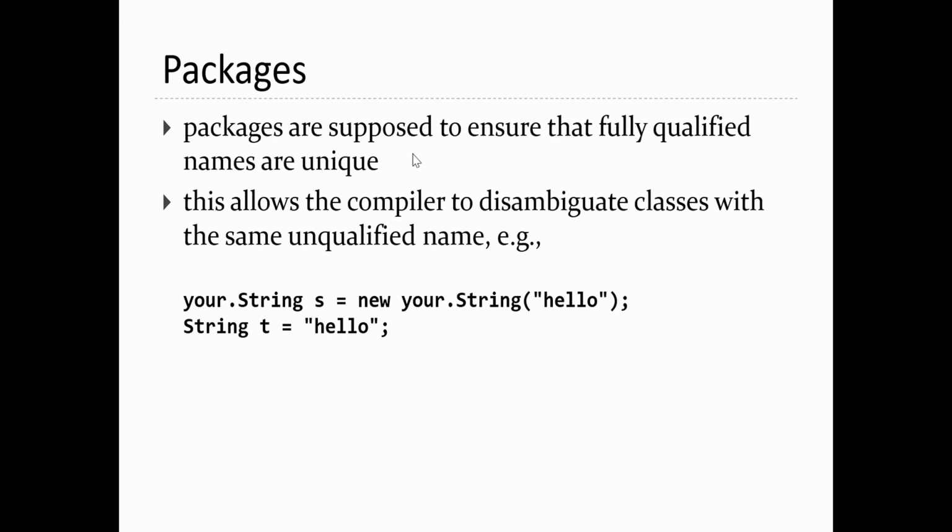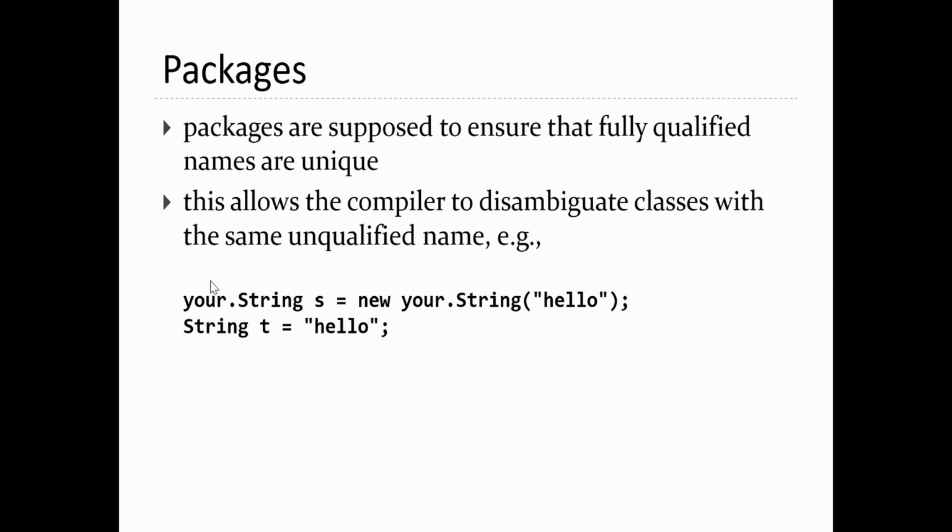However, if you've got packages, then you can at least attempt to create unique names by using the fully qualified package name. So for example, suppose you create your own String class because you decide that the Java String class doesn't quite do what you need it to do.